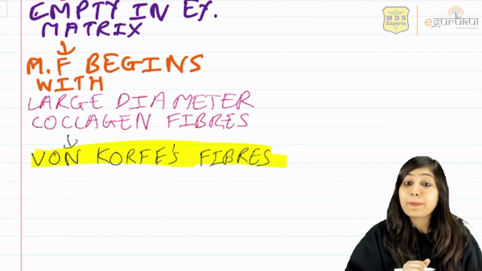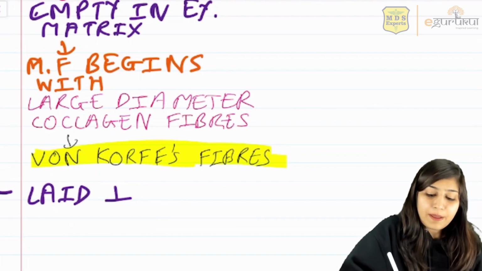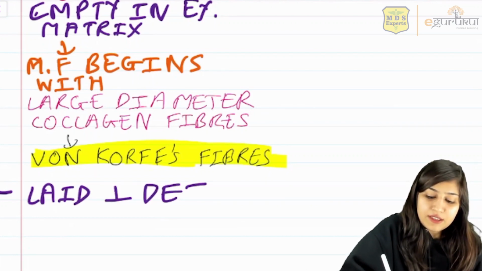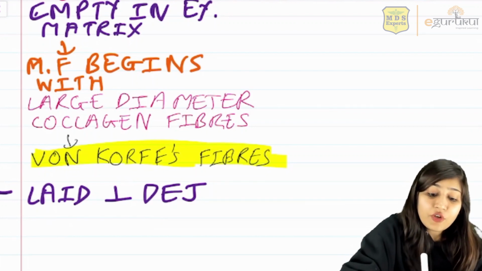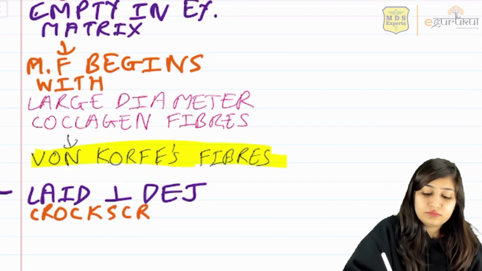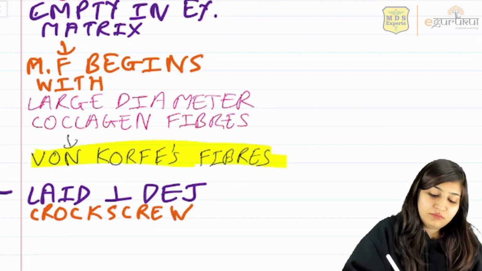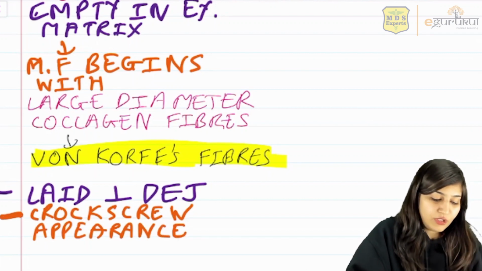Perpendicular. They are laid perpendicular to the DEJ. They have a corkscrew appearance.